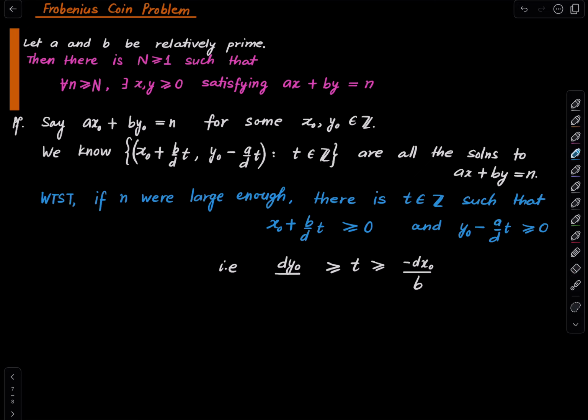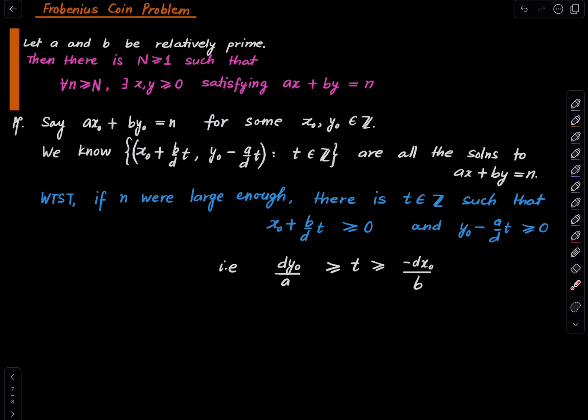This is dy0 upon a. So what have I done? I've written this equation as that, and I've written this equation as that. So what do we want to do now? We want to show that if n were large enough, there is some integer t such that this holds.